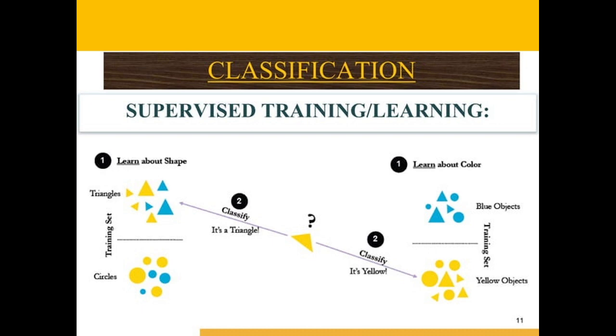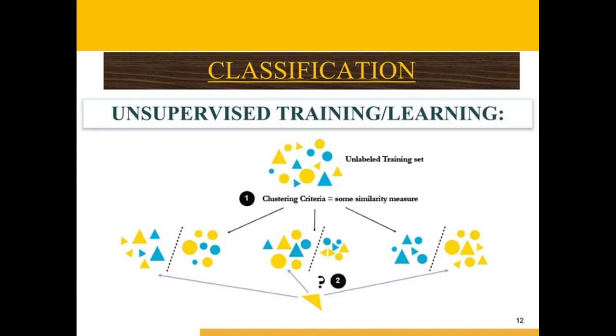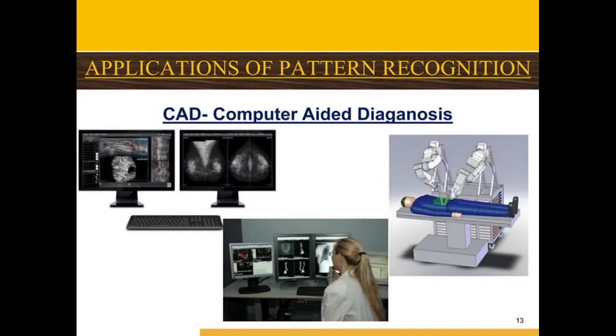Next, it goes to classification: if you give a triangle, yes, it is a triangle. Next, we can also make the system learn colors. But here it is unsupervised learning, where everything is mixed together. With clustering criteria, using some similarity measures, the machine itself classifies the triangles from the circles. So this is unsupervised training and learning.